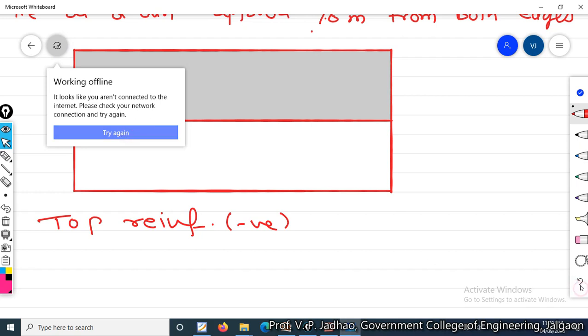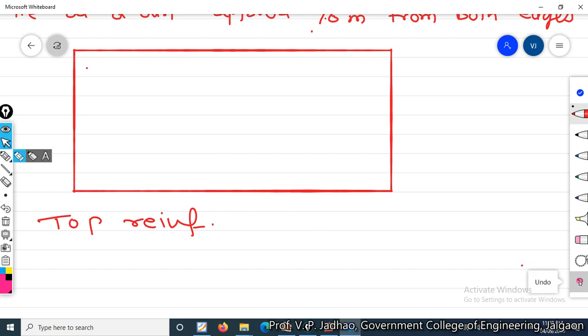Okay, just a minute. So what we will be doing? We will be providing some steel bars like this.